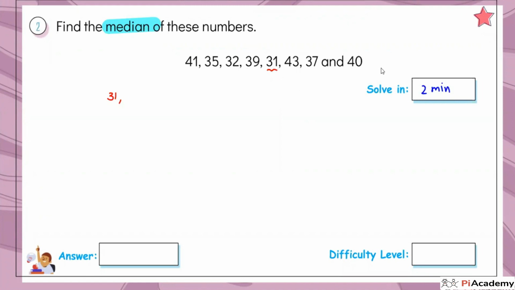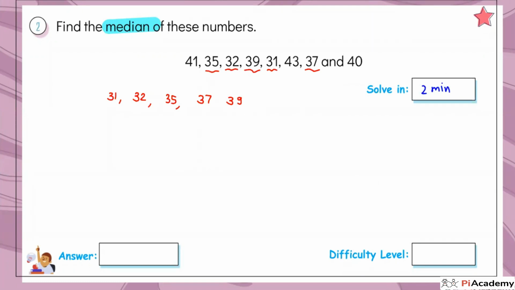The next number is 32. After 32, I can see 35, right? And then I can see 37. And then 39 is there. Now all the remaining numbers are 40 or greater, right?